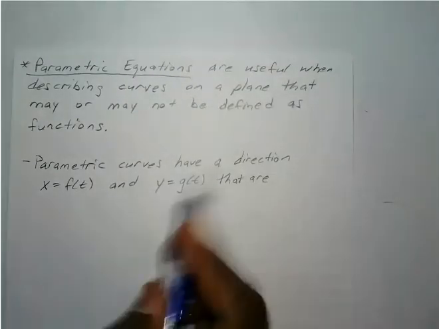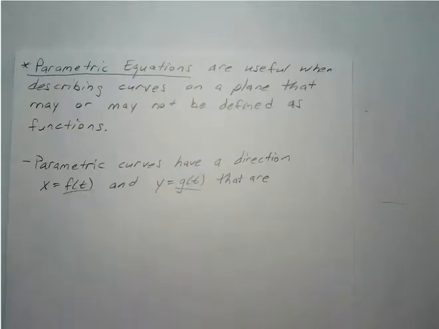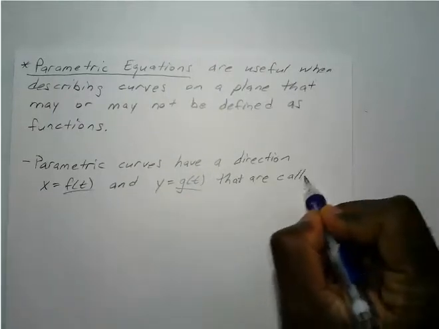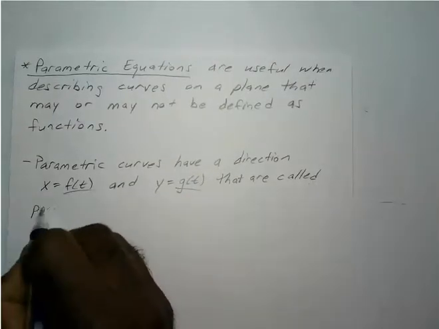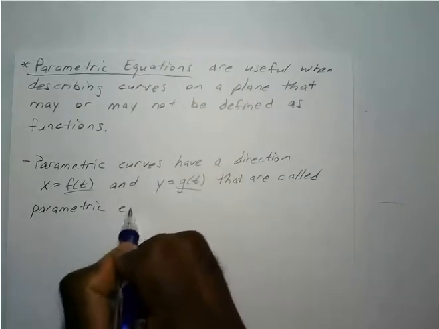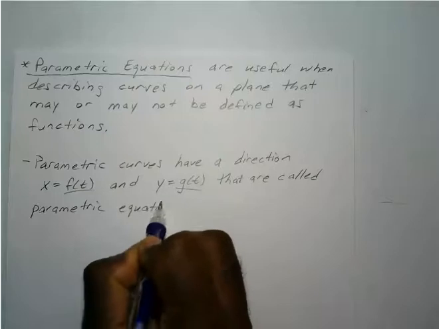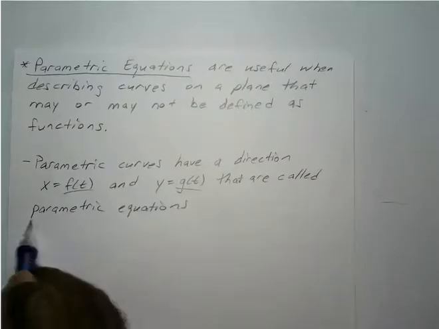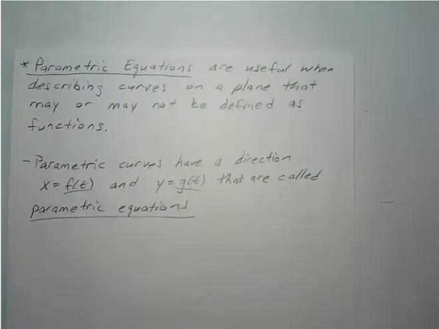And they are called your parametric equations, where t is your parameter.